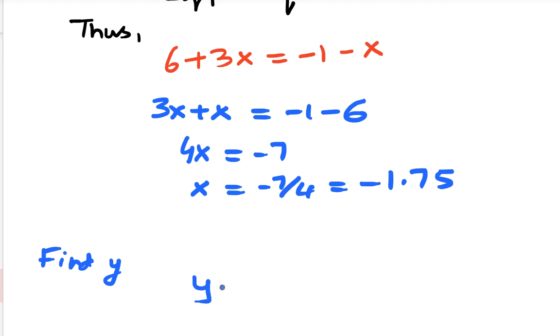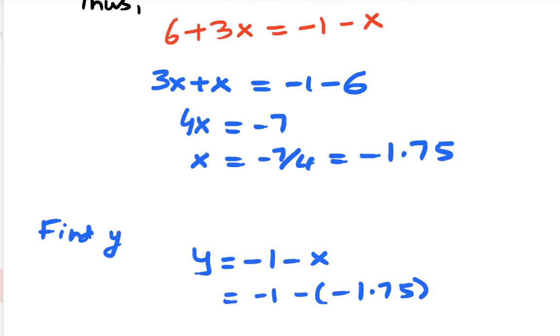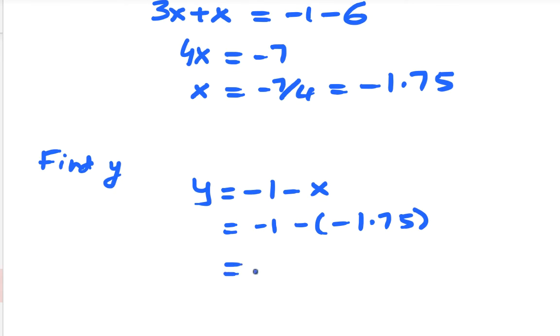So let's say y equals minus 1 minus x. We already have the x value. So minus 1 minus of minus 1.75 gives us minus 1 plus 1.75, which is equal to 0.75.